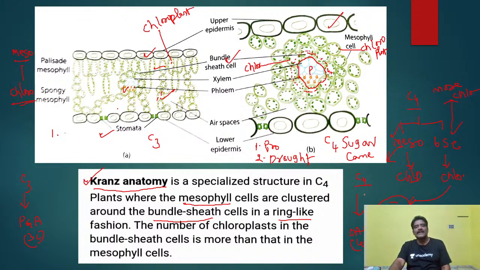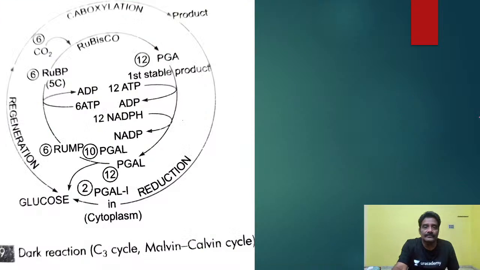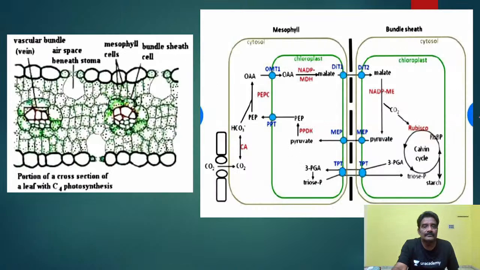Now let us study the pathway of C4 plants. I will show you here. This is the pathway. Already I told you about mesophyll cells and bundle sheath cells.